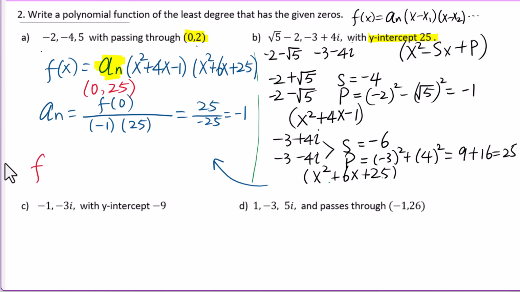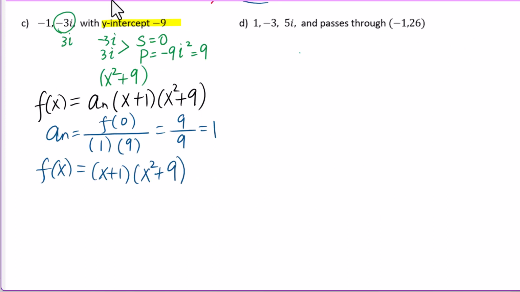Therefore, the final answer will be f of x equals -(x squared plus 4x minus 1) times (x squared plus 6x plus 25).